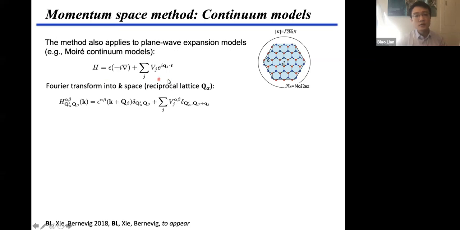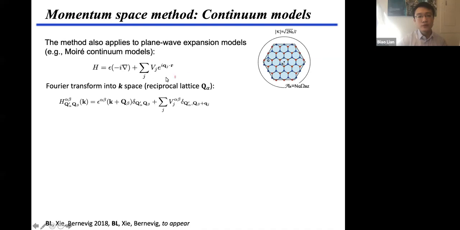Yeah, such models are used to describe the Moire systems, where the kinetic energy comes from the microscopic lattice, and the Moire lattice provides the additional periodic potential.